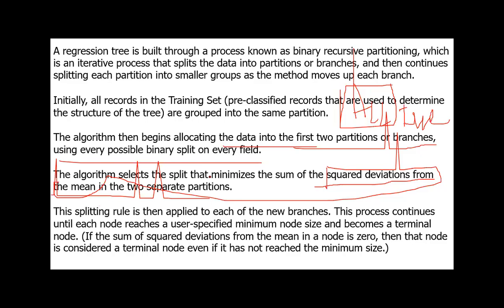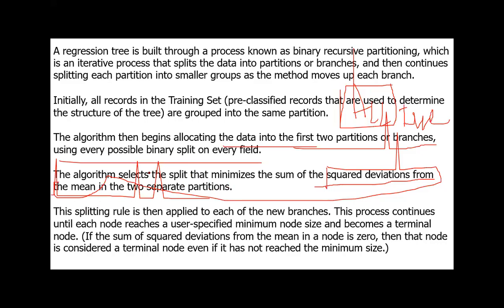The algorithm selects the split that minimizes the sum of the squared deviations from the mean in the two separate partitions.